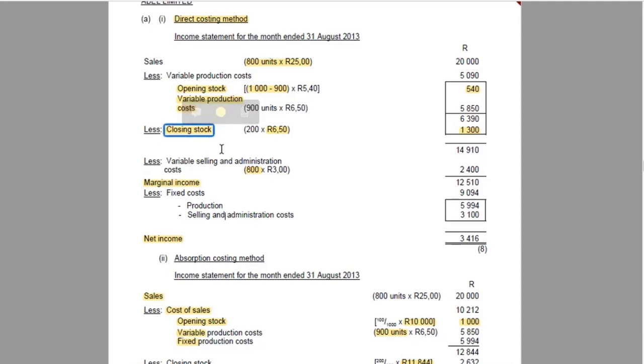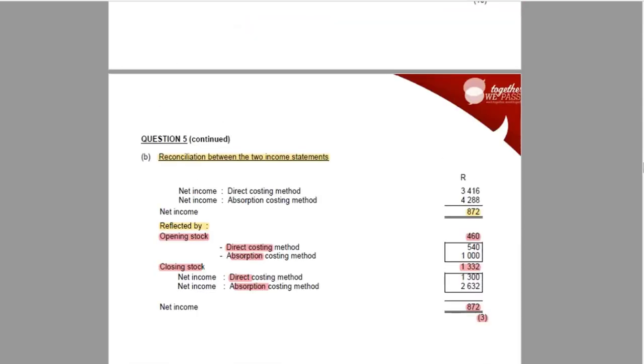And I told you that it affects how you calculate your closing stock. Now you need to find another question where it's asked differently. Then you should be able to close your direct costing method. Direct and absorption, you know how to do it. Then you move on to the next one. Okay.